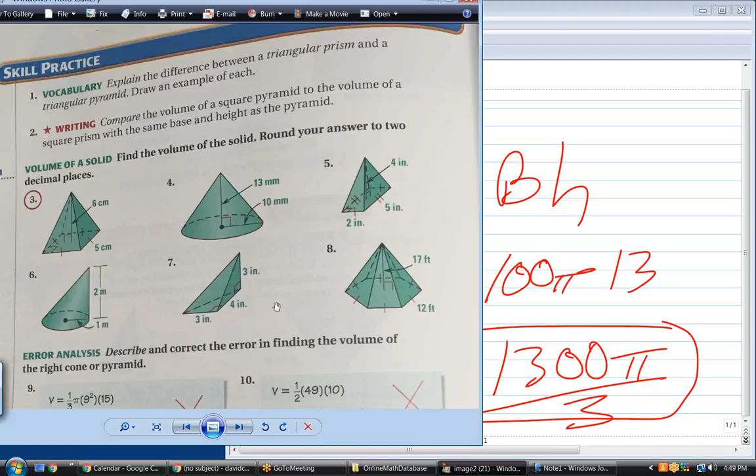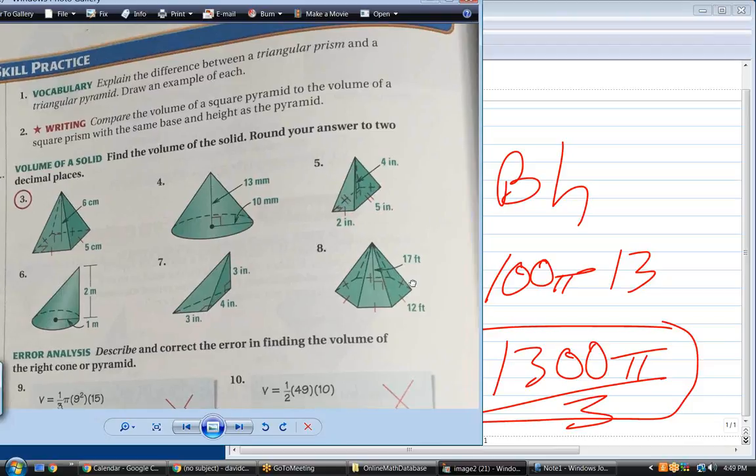For a 12, that's 6 inches squared, I guess. Times the height, which is 3, divided by 3. So that's 18 cubic inches divided by 3. So we have 6 cubic inches as the volume of that figure.